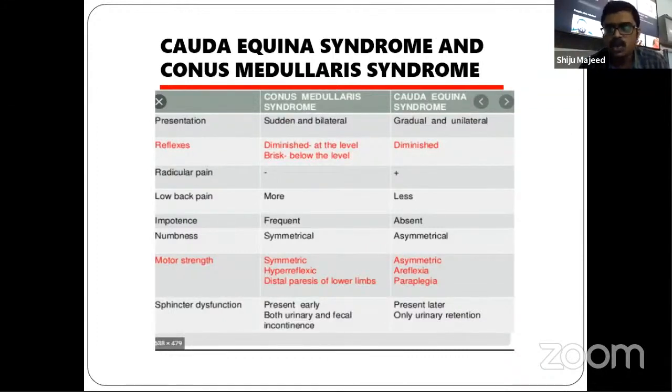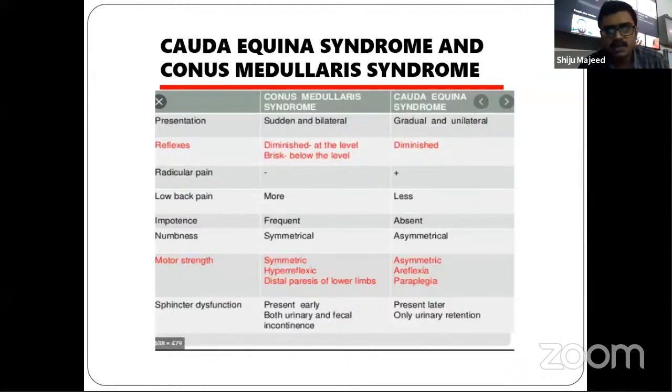But when we come to conus syndrome, the conus is the last part of the spinal cord as such. So in a conus lesion, it will be sudden and bilateral. Weakness will not be that profound because it is the sacral segments that are going to be involved. So the weakness will be more from the ankle below.